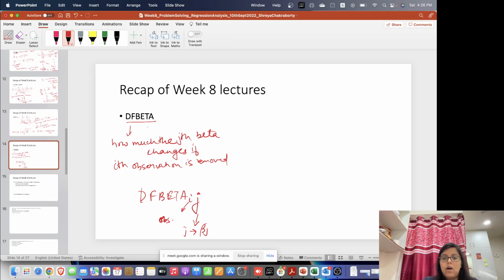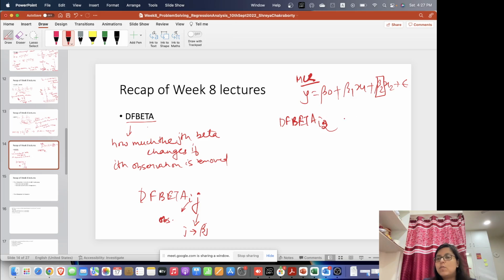So how is beta j changing? If we consider a multiple linear regression, let's say we have y equal to beta naught plus beta 1 x1 plus beta 2 x2. If I say DFBETA_i2, what I mean is how is beta 2 changing if the ith observation is removed. Similarly, we can calculate how these estimates change if the ith observation is removed.